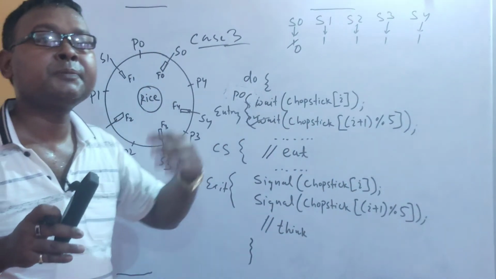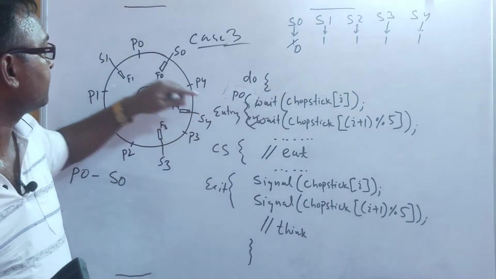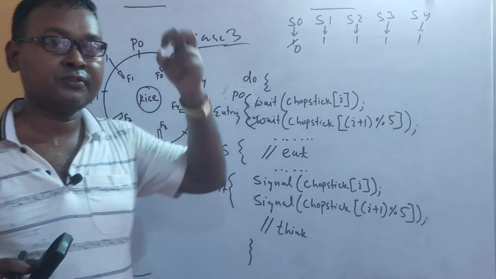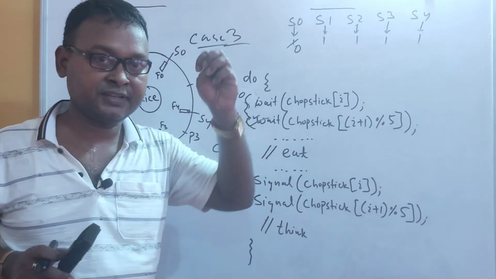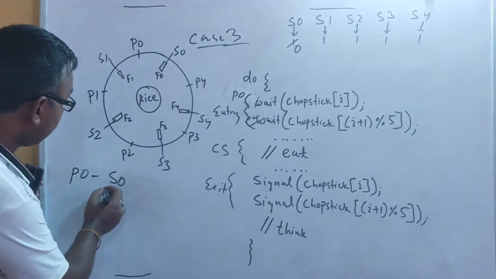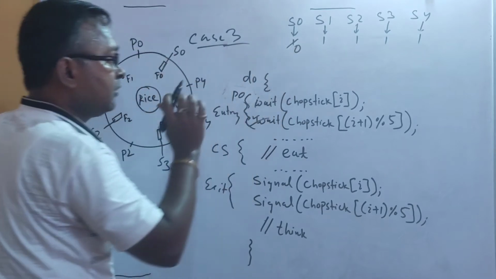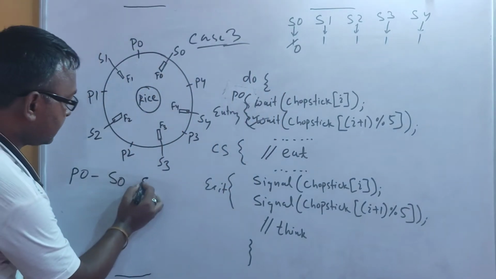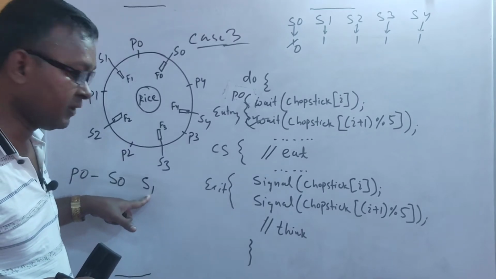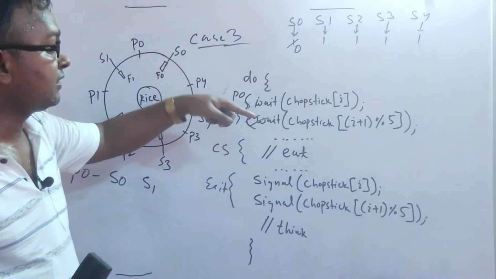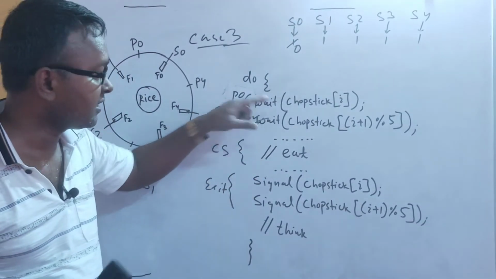It has executed only one line of code, that means picking only one chopstick, the left hand side fork F0. It decremented the semaphore value from 1 to 0, and it is not able to access semaphore S1, because P0 is preempted and P1 wants to execute.